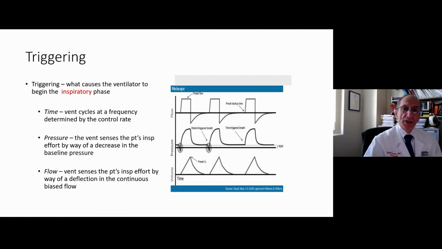Now, if a patient is being managed on a spontaneous mode of ventilation, so that they are responsible for initiating the breath, then what the ventilator will sense is that negative pressure inflection that they generate from their diaphragm, which will trigger the ventilator to deliver the support that's dialed in. And similarly, in patients who are spontaneously initiating breaths, flow itself, similar to pressure, may be what triggers the ventilator.